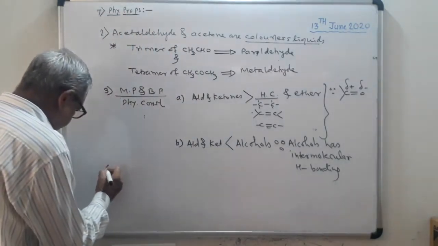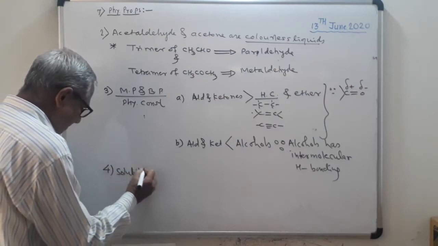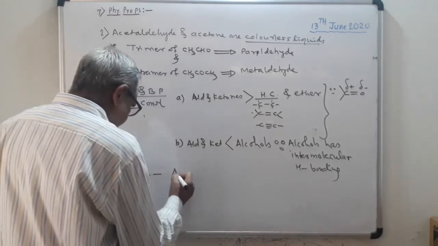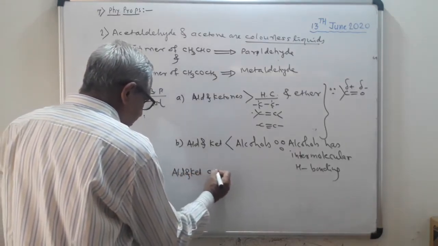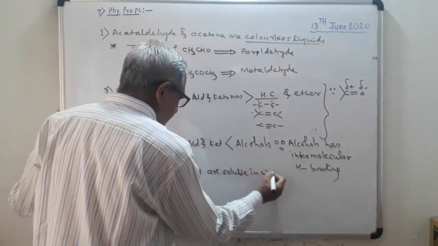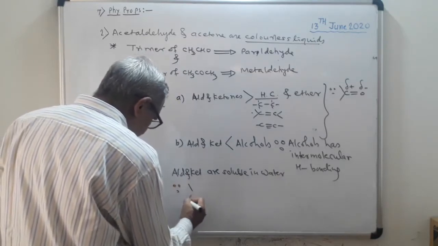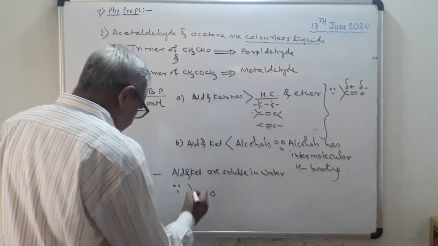Then fourth physical property, solubility. Aldehyde and ketone are soluble in water, because I will explain. See, aldehyde and ketones contain the carbonyl group. It is a polar group.